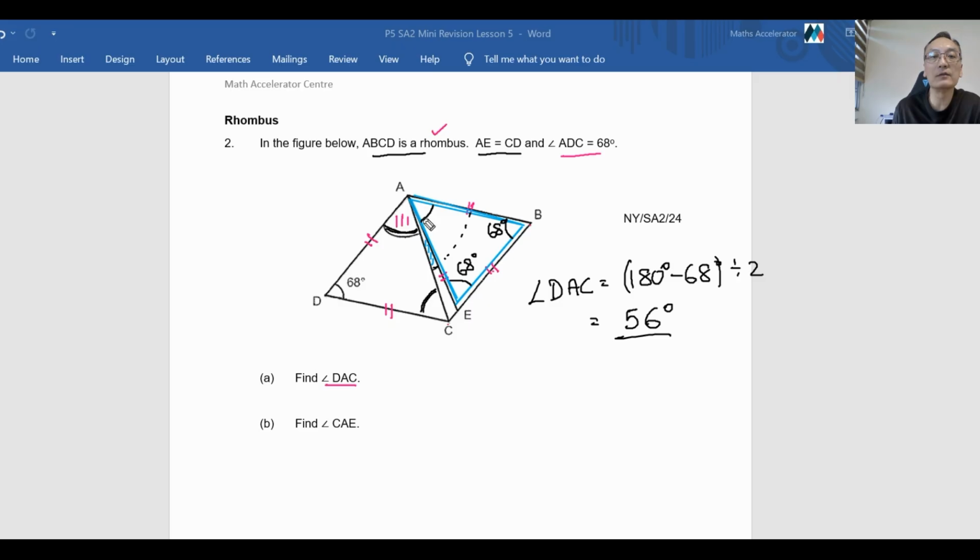So let's find this angle first. This angle is angle BAE. So for angle BAE, we will take 180 minus 68 minus another 68. And we will get 44 degrees. So let's write here 44 degrees.